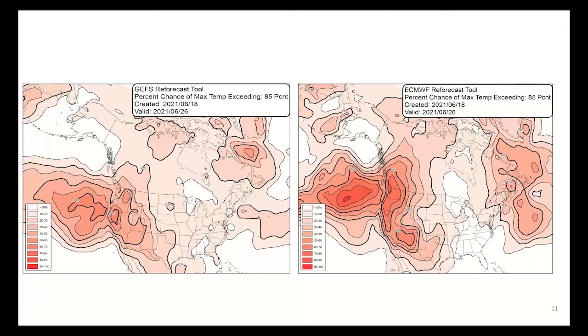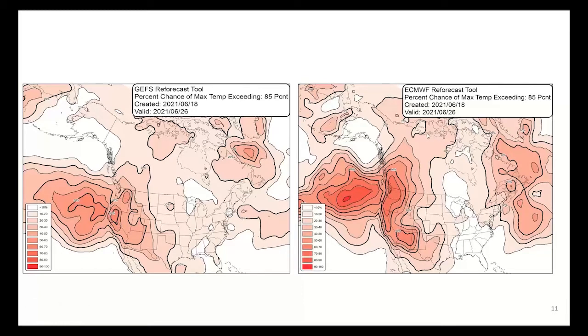A couple of the tools we used to forecast this excessive heat event were our GEFS and European reforecast tools. This is the probability of maximum temperatures exceeding the 85th percentile. You see some high probabilities here, up to 60% in the GEFS.